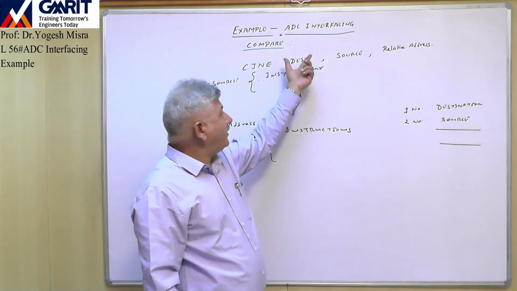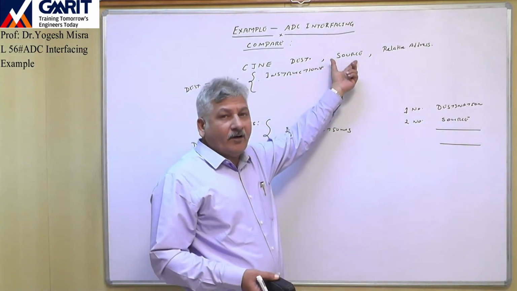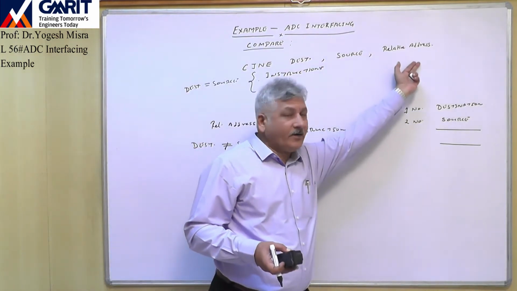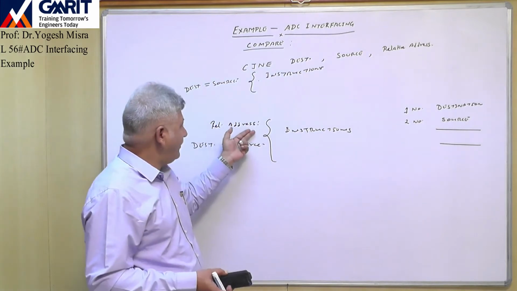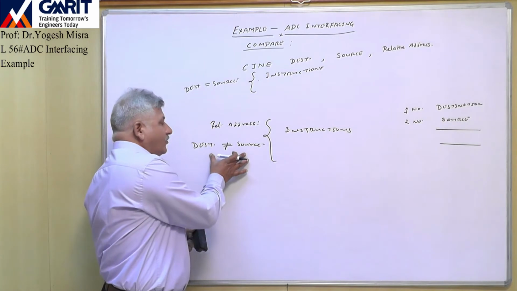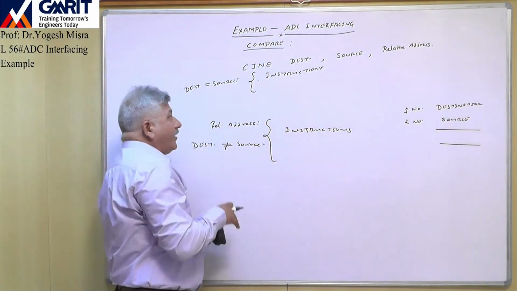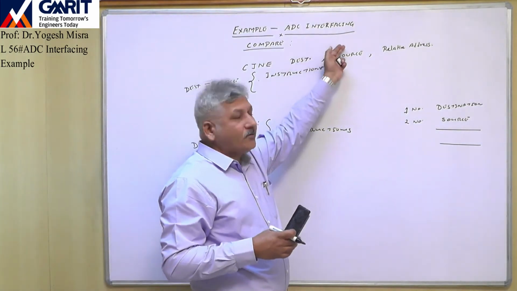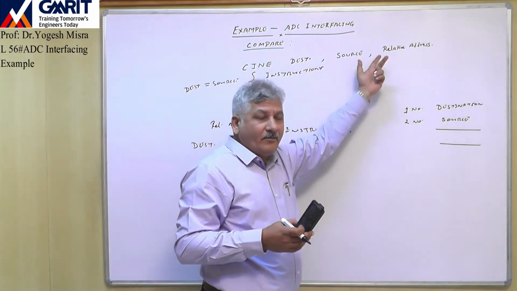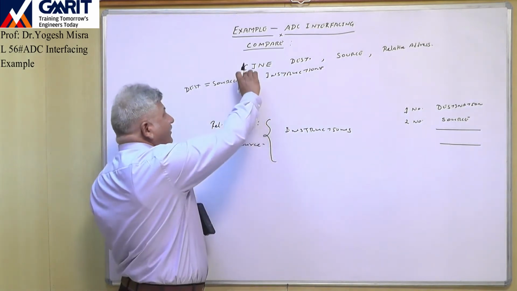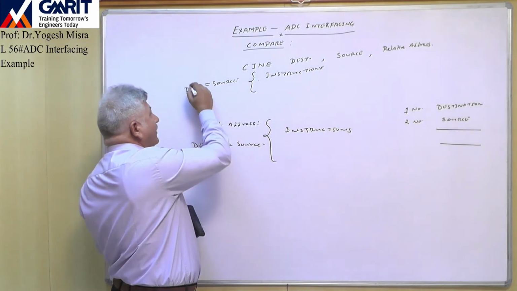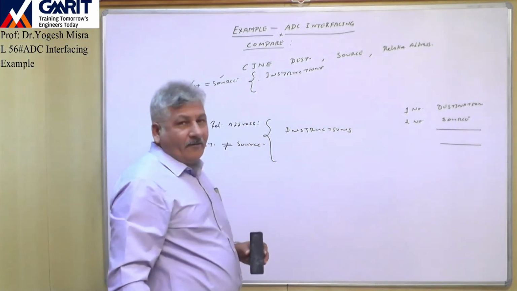If the values of destination and source are not equal, then jump to the relative address, and the relative address is here. So these instructions we will execute when destination and source values are not equal. But if the contents are equal, then the sequence will not go to the relative address. The program will come out of the loop and these set of instructions will be executed.